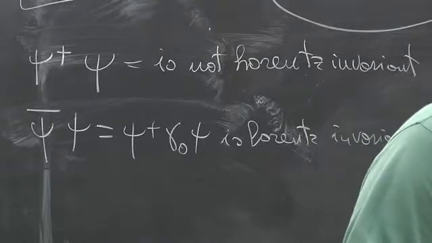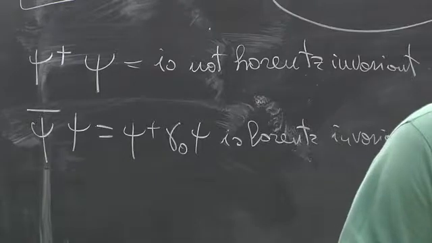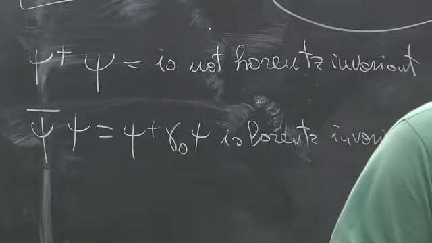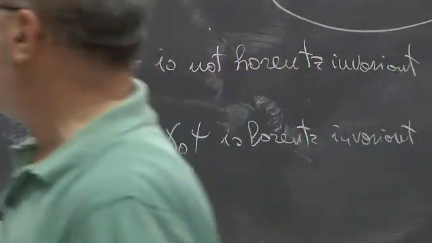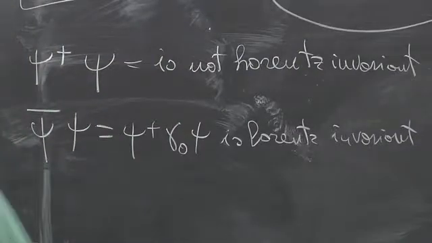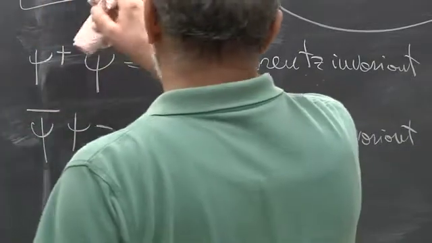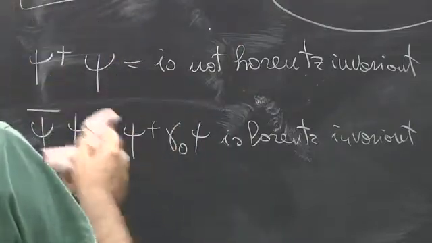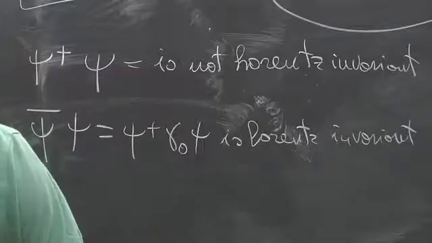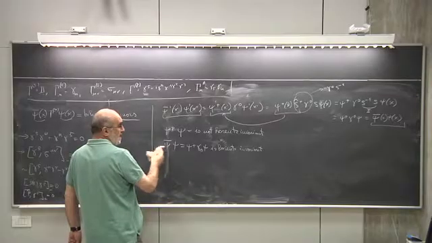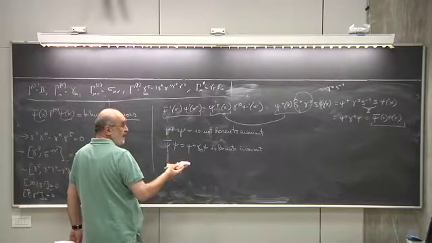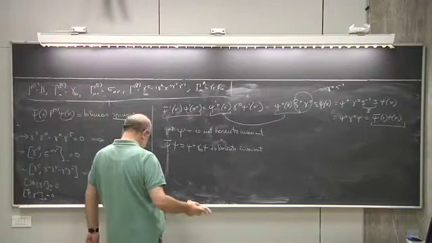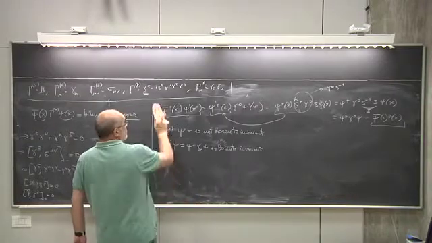Now let's see another object, another bilinear, the one with the gamma 5. So this we can say is Lorentz invariant or is a scalar. Another equivalent manner to say it is that this is a scalar: it does not change under Lorentz transformation.